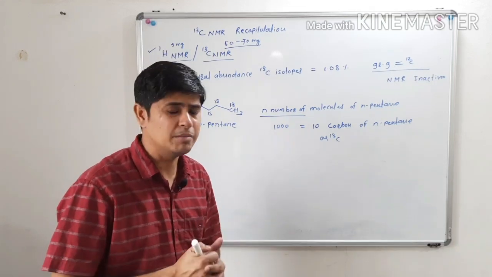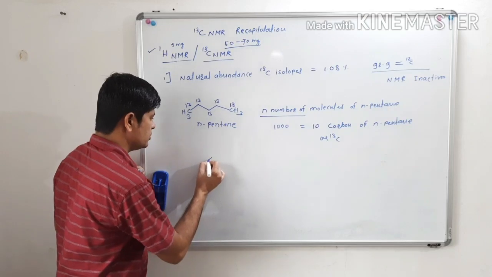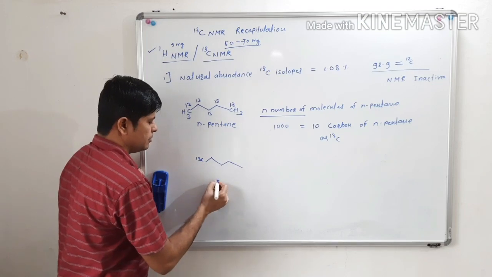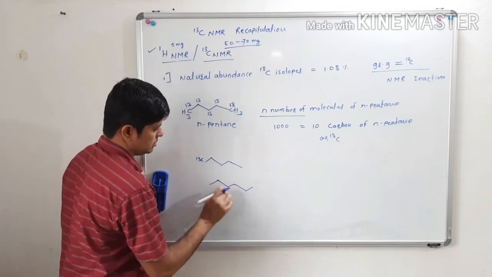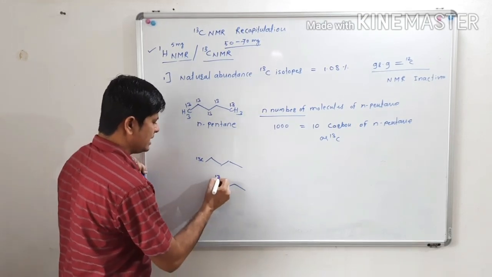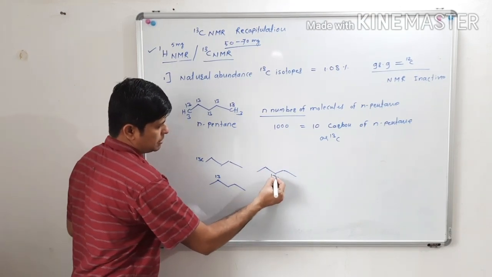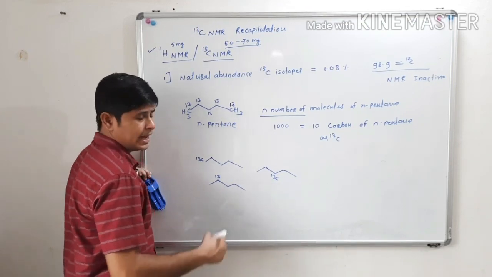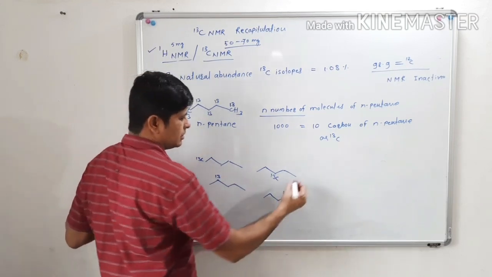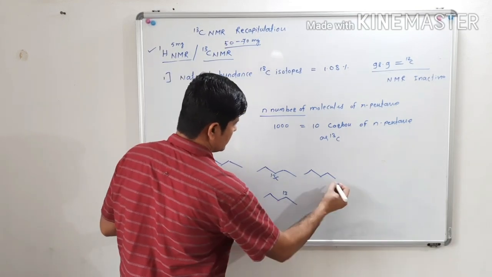10 carbons of n-pentane molecules means, in the first n-pentane molecule this carbon will be carbon-13.